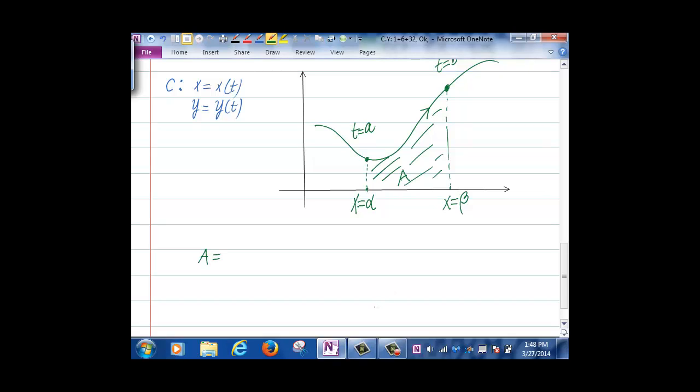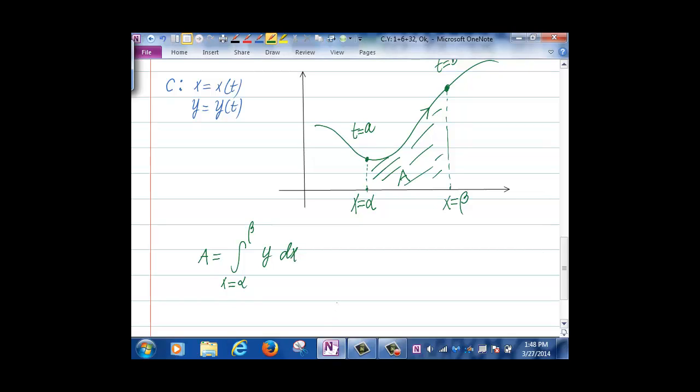In that case, what do you integrate? You integrate the height of the curve, from x varying from alpha to beta. So you integrate the height of the curve, which is y, with respect to x.